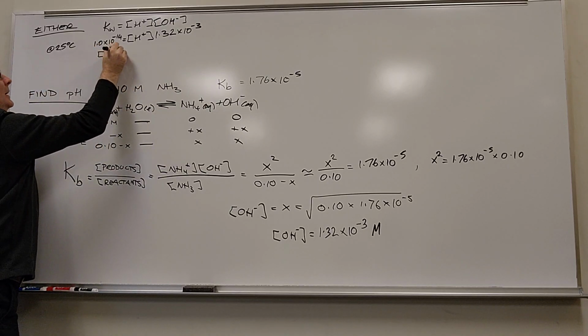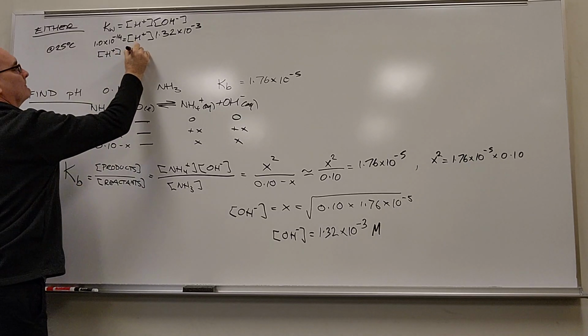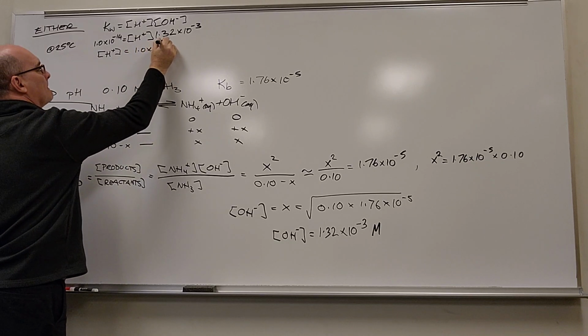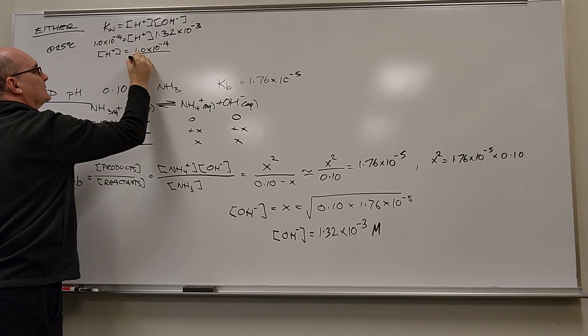So from here, H plus becomes 1 times 10 to the negative 14 divided by that, the Kw over the OH minus.